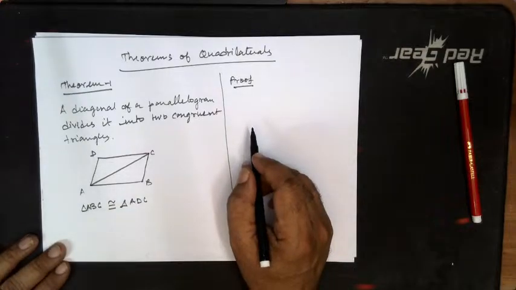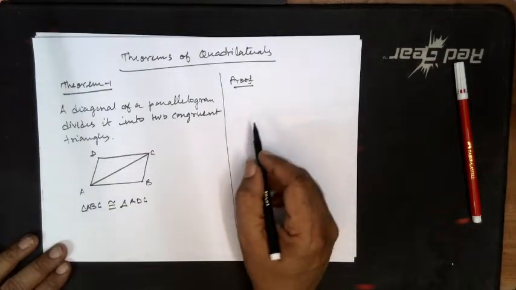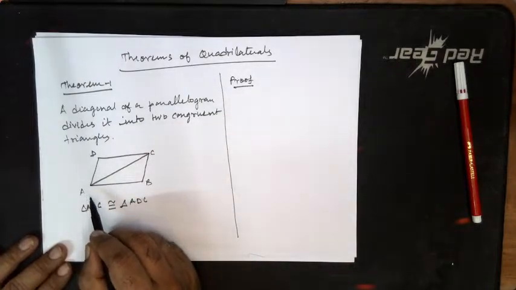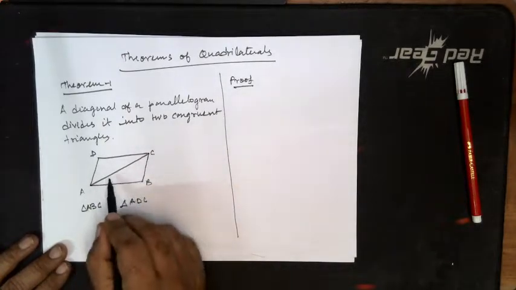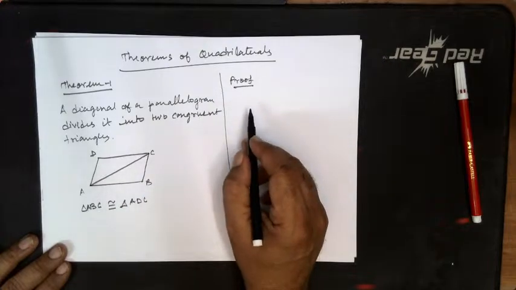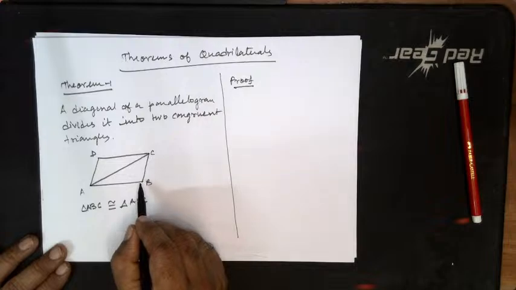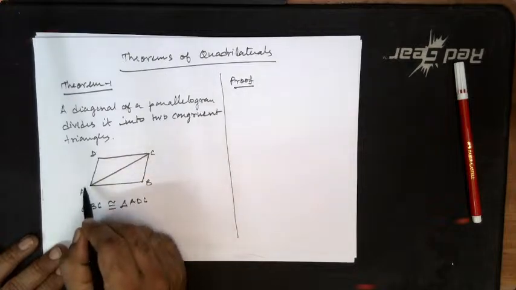Here, let us consider this is a parallelogram, is it not? So, being a parallelogram, BC is parallel to AD, is it not?